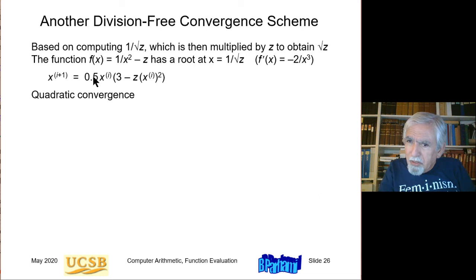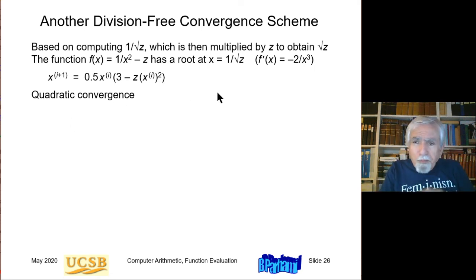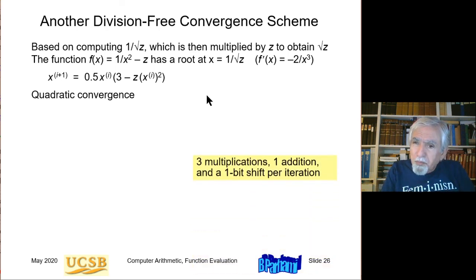So each iteration involves 3 multiplications and 1 addition. And the shift we can basically discount because it's a very simple operation. So we are avoiding division. The method still has quadratic convergence.